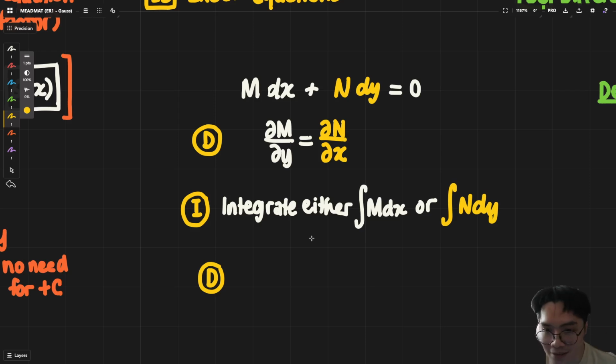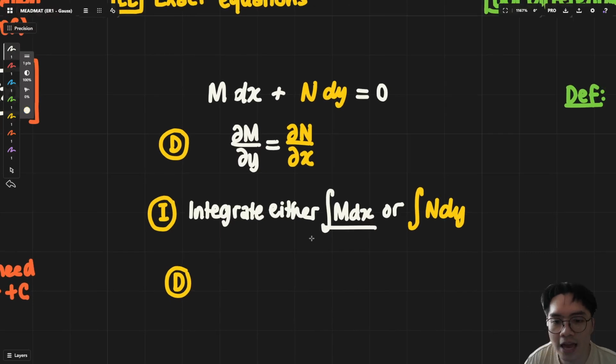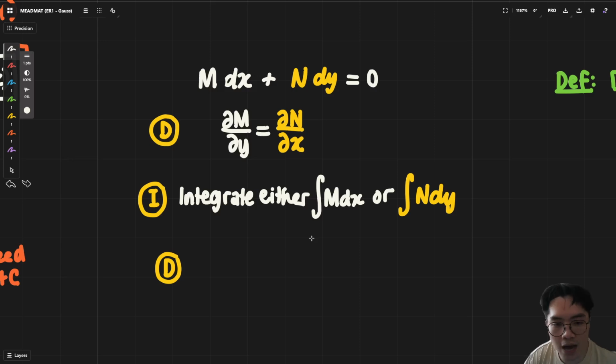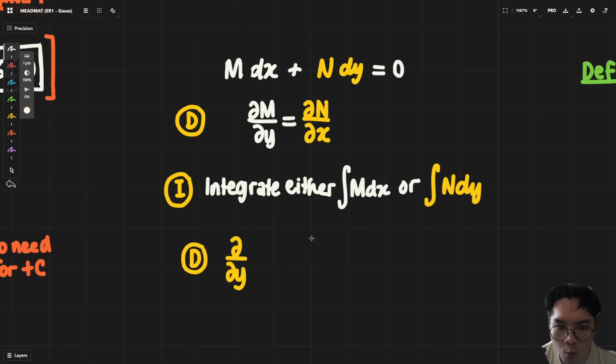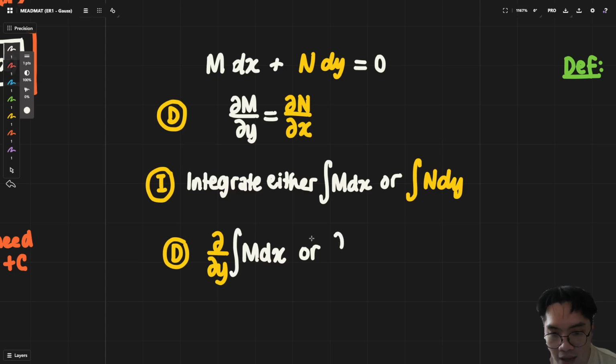So this might seem very weird. Say for example, we're choosing M dx. What you're going to have to do now is derive that with respect to y. Why are we doing this? Why are we taking so many winding roads? It's because we want to make sure that we are getting the correct answer.